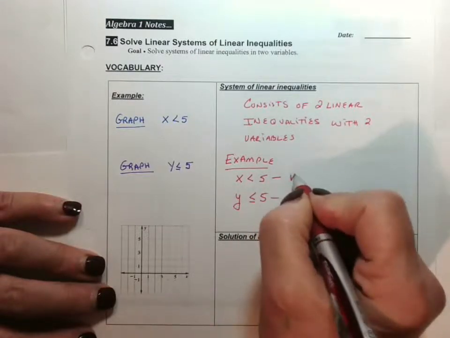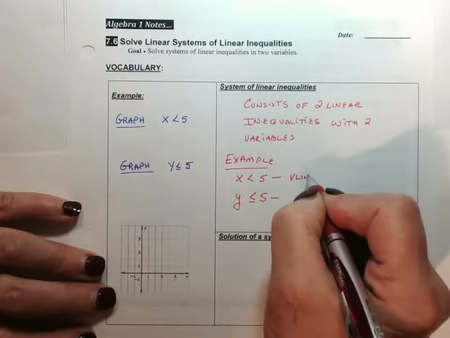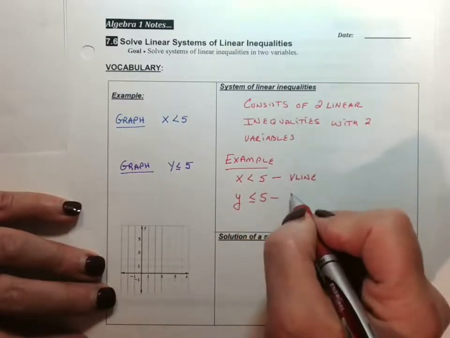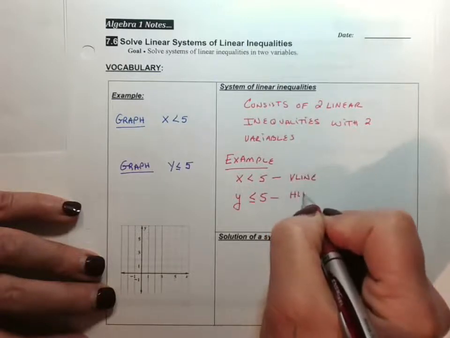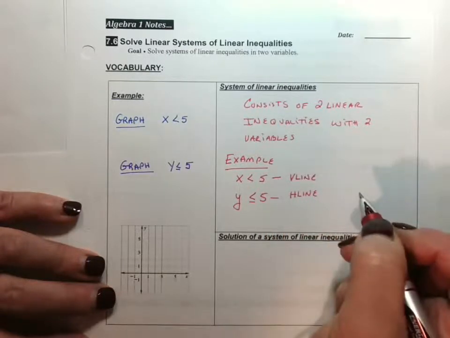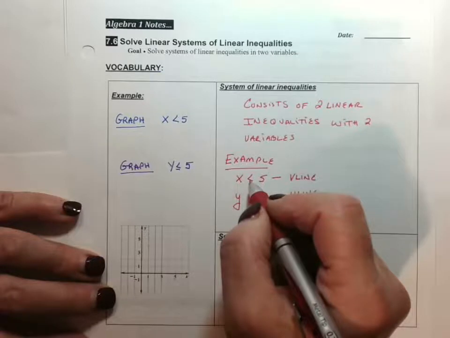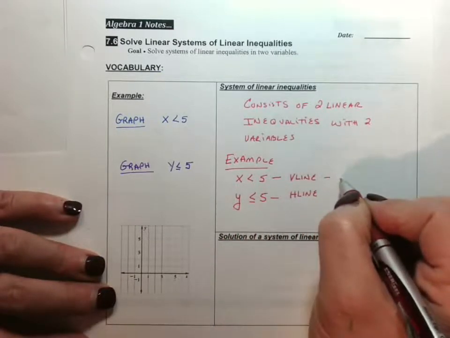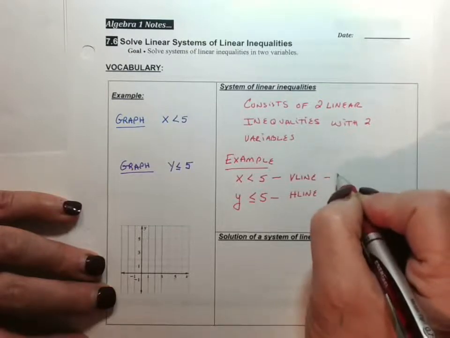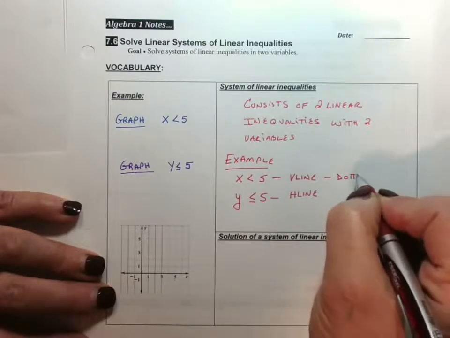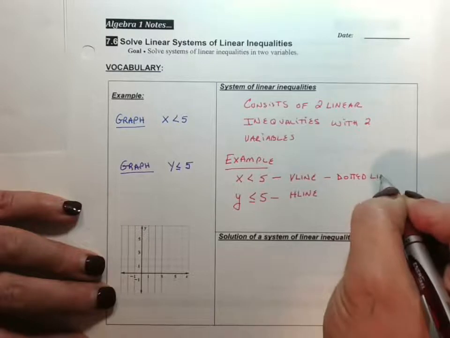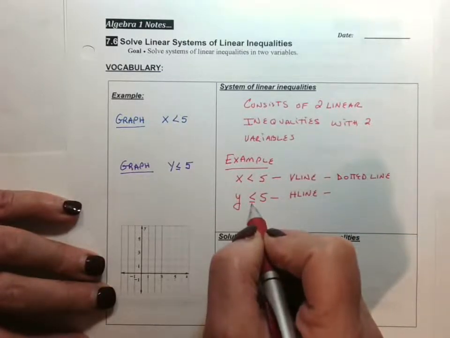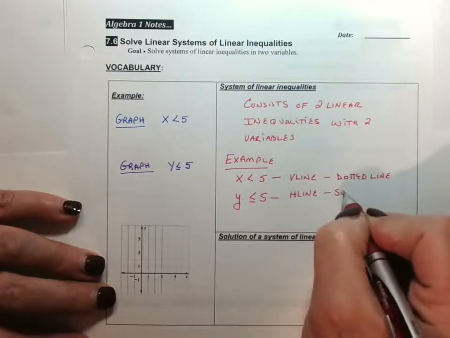This is going to be a vertical line. Y less than or equal to 5 is going to be a horizontal line. Because it's less than, that means it's going to be a dotted line. And here you have the equals, so that's going to be a solid line.